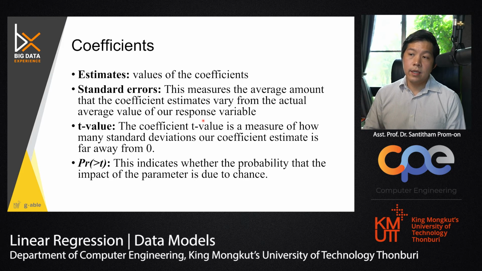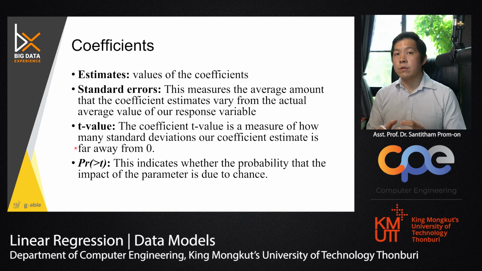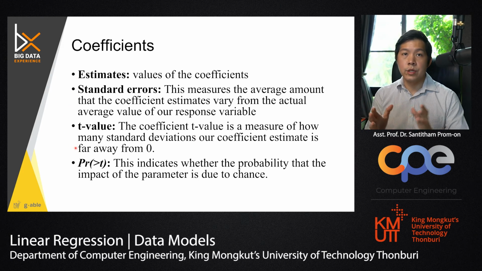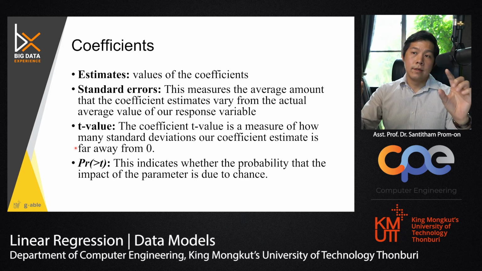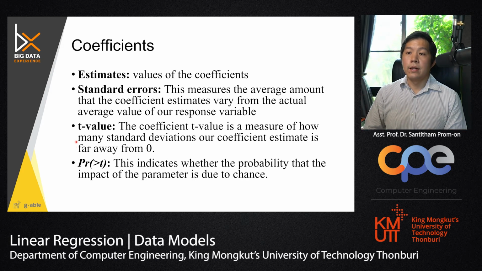And t here indicates the t value in the t-test, which uses both the estimate and the standard error. Then you can calculate the comparison between the estimate and zero given the variation, and use both to assess the probability of whether the estimate is significantly different from zero or not.